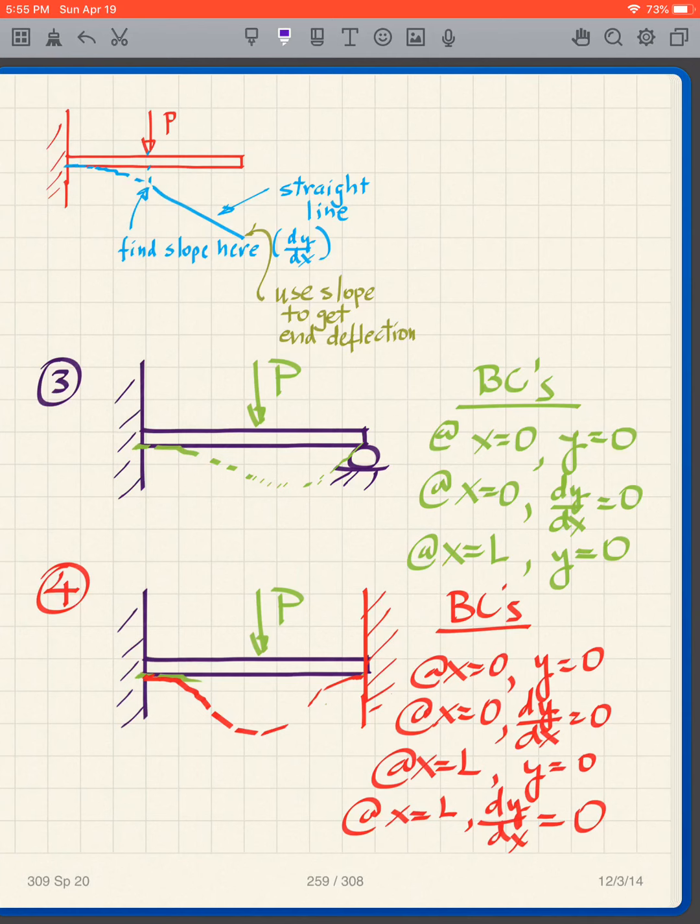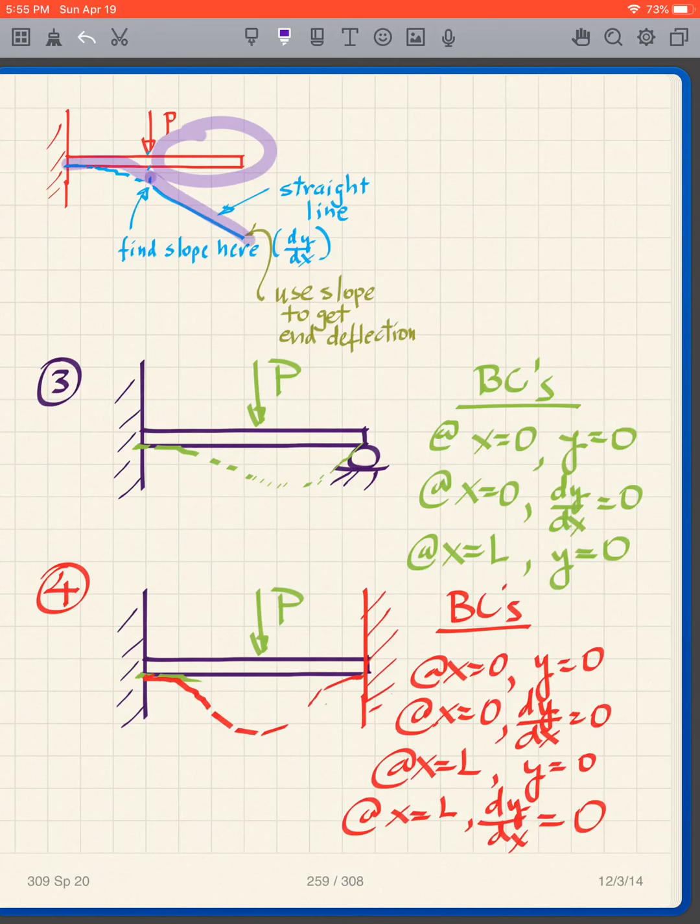Now, just to give you an idea of what happens if I have a problem like this, where I have my load here. If the load is a single point load in the middle of the beam, we know that the beam bends like this, but in this region there's no load on the beam, and therefore the beam is straight.